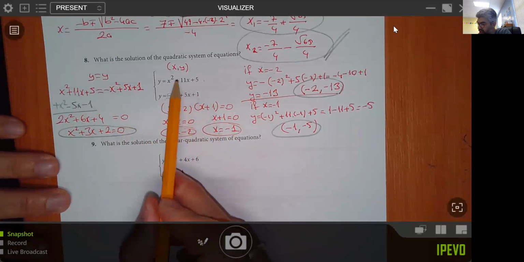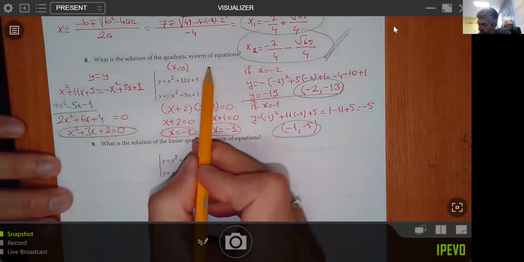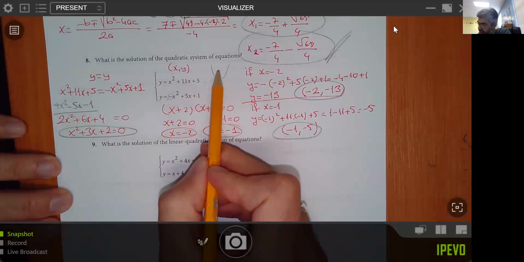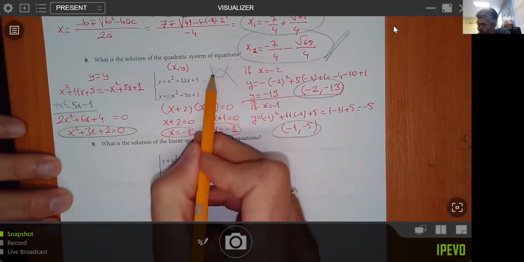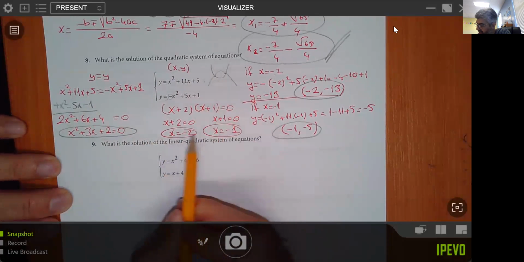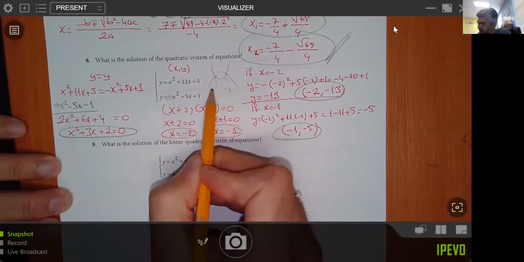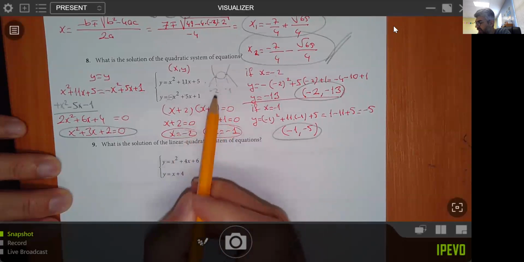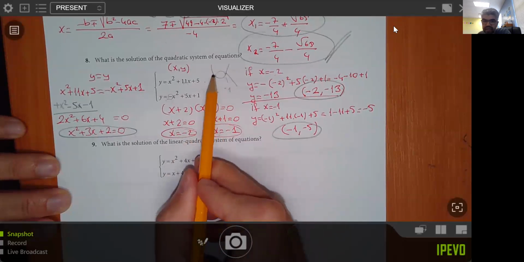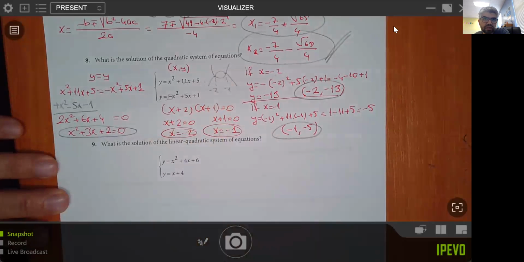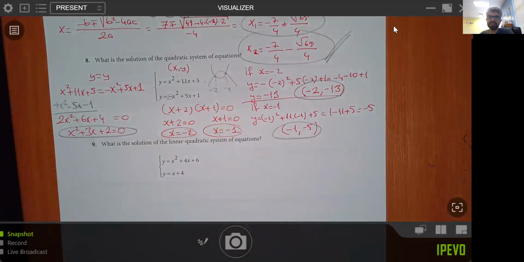So there are two parabolas, right? x squared and the negative x squared. You see, these are the points, minus 2, minus 1. At that point, their x values and their y values are equal to each other, so I can plug into any equation. Any other question?